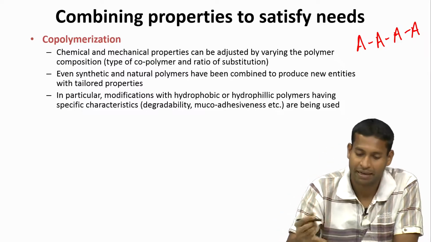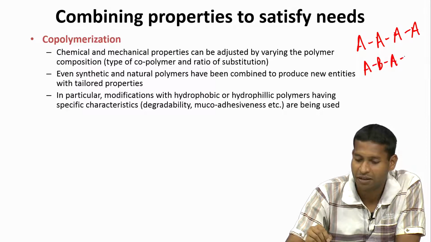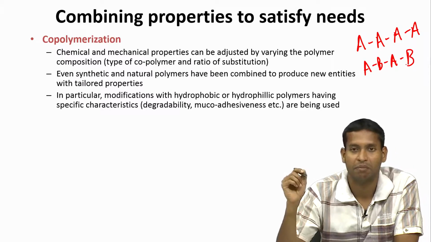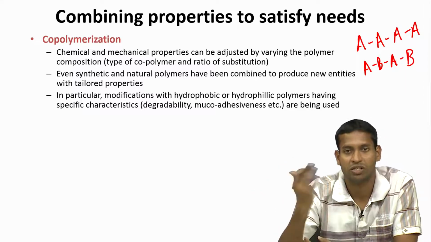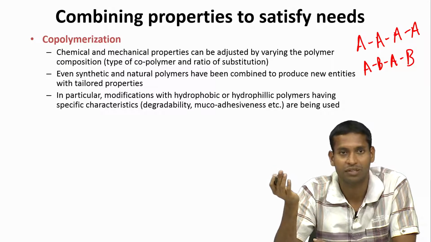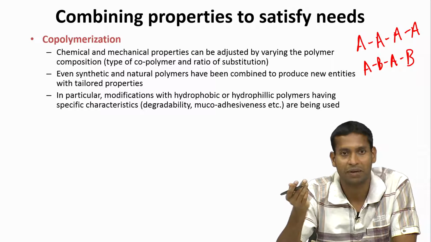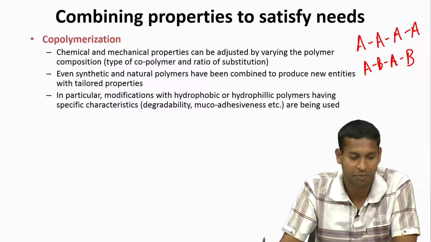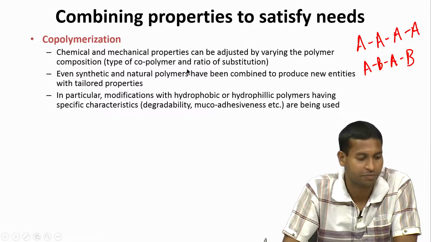So, what you can do is copolymerize it with let us say B, and maybe B is more structurally stable. So, the copolymer is somewhere in the middle, but it improves the mechanical properties enough so that you can use it. That is just one example, but you can do the same with chemical properties. All of these can be adopted to improve the properties for your own application.